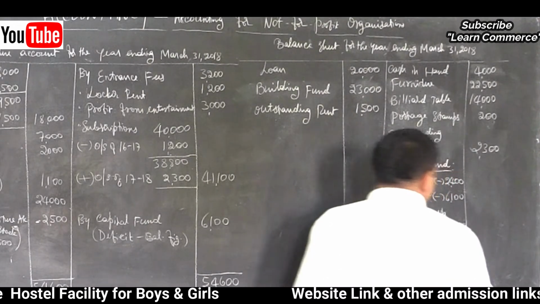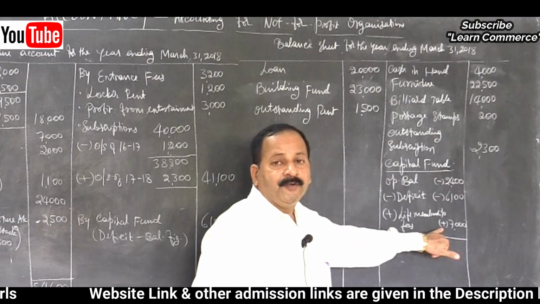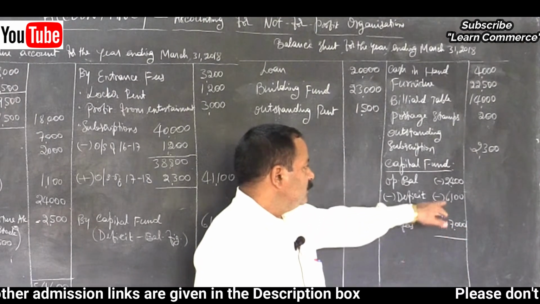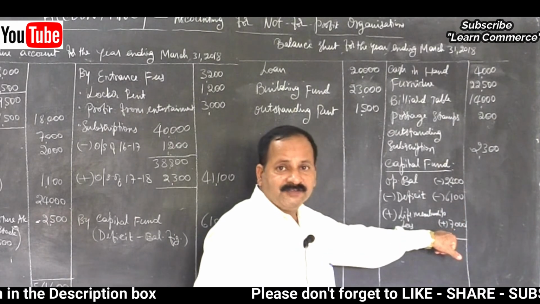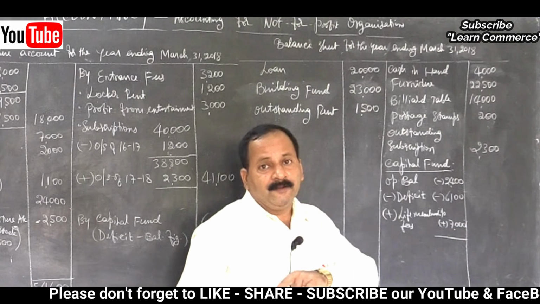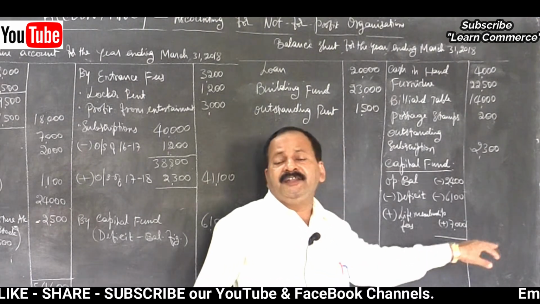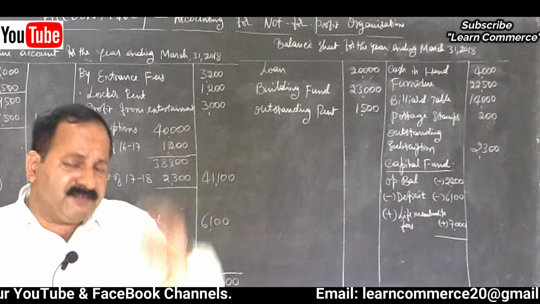Now one thing, add negatives together. The difference between the negative and positive is 1,500. When you enter it on the asset side, it means negative balance.